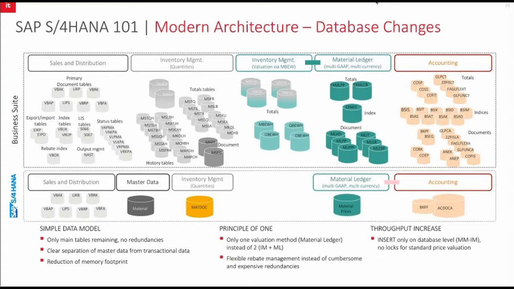So we've taken out the need for aggregate tables, balance tables, all of those things. That means the database schema and the database size has massively reduced, which means less memory required for the HANA systems. So when we look at S4 versus the previous generation SAP application running on HANA, we can use significantly less memory, which means cheaper systems, which means faster startup.